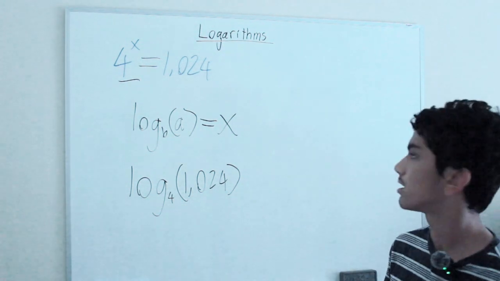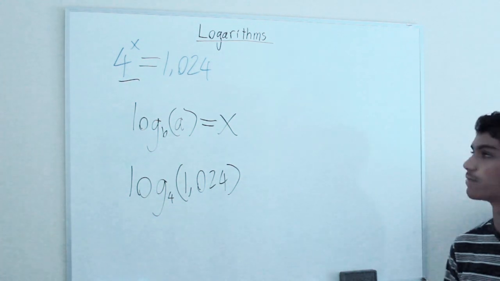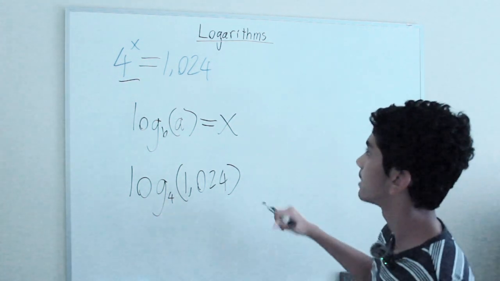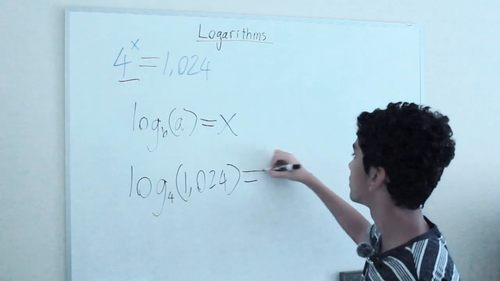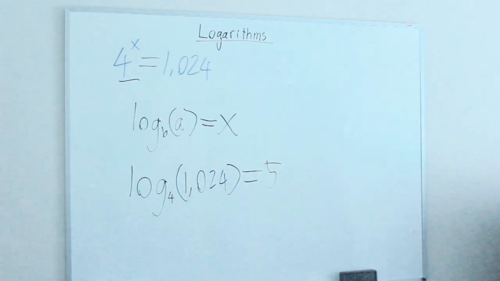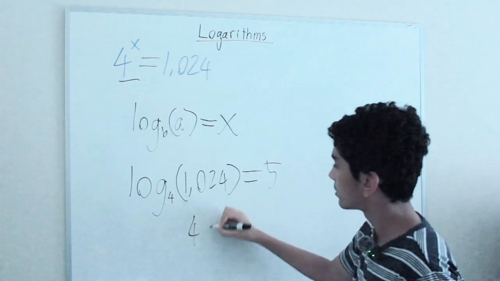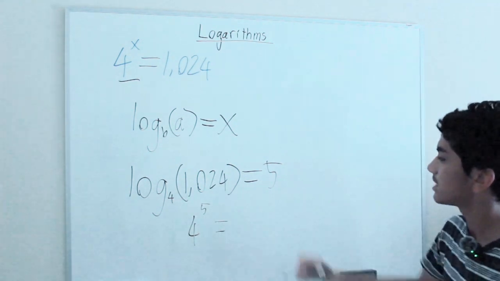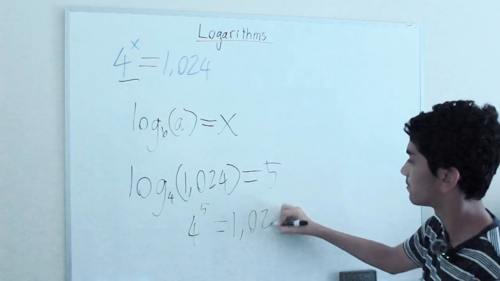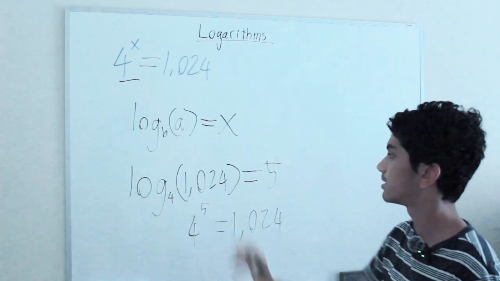This one we can easily solve just by multiplying 4 repeatedly, and that gives us 5 times. So 4 to the power 5 is equal to 1024. That's what our logarithm function does.